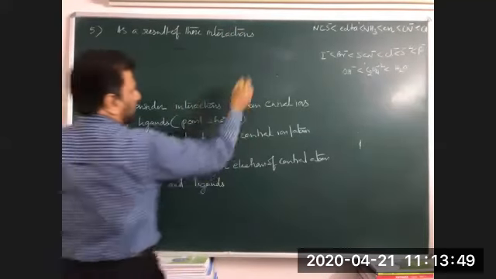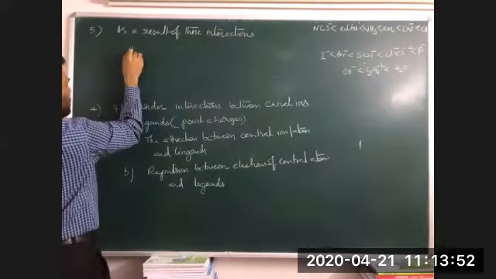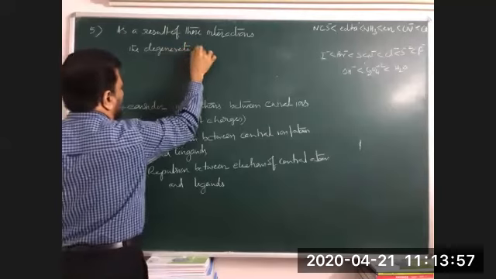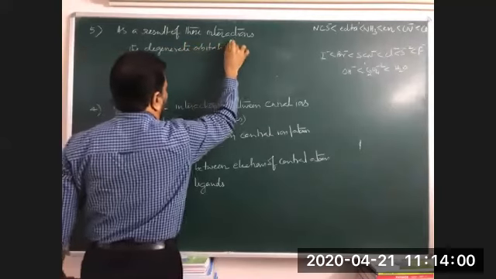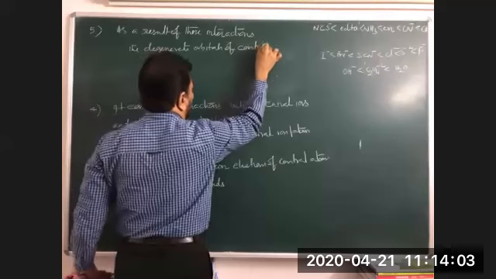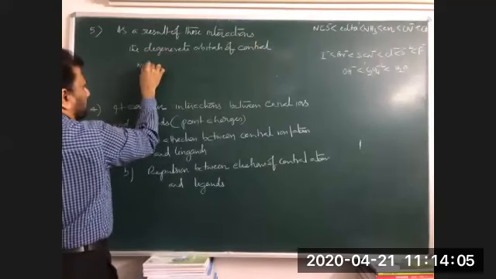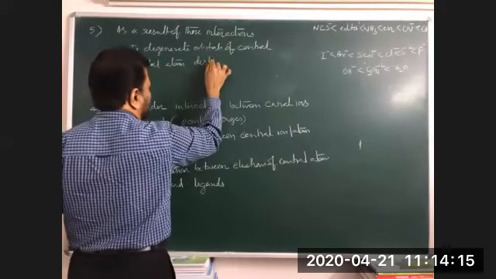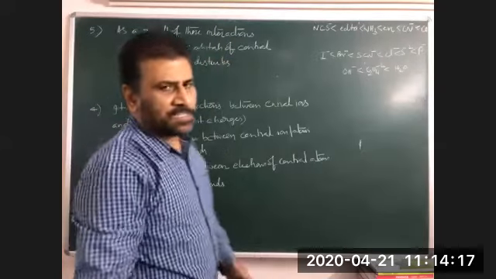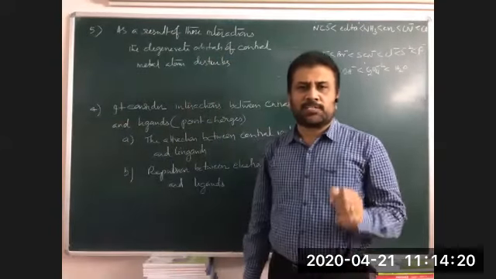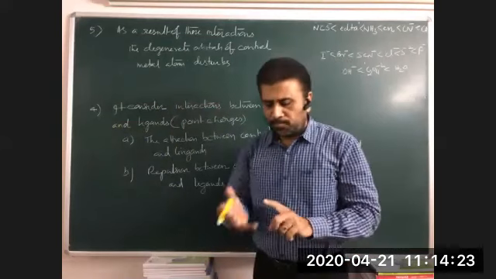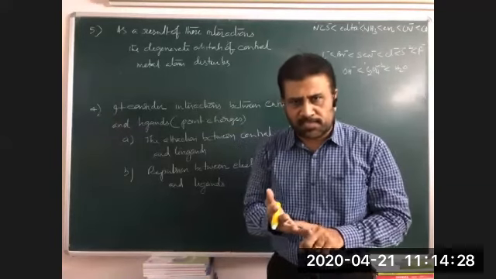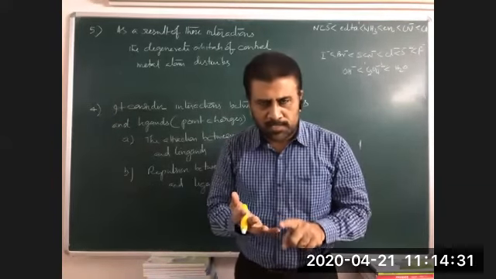As a result of these interactions, the degenerate orbitals of the central metal atom get disturbed. What is degeneracy? Degeneracy means having the same energy. Say there are 3 p orbitals, px, py, pz, all 3 orbitals having the same energy. Such orbitals are called degenerate.